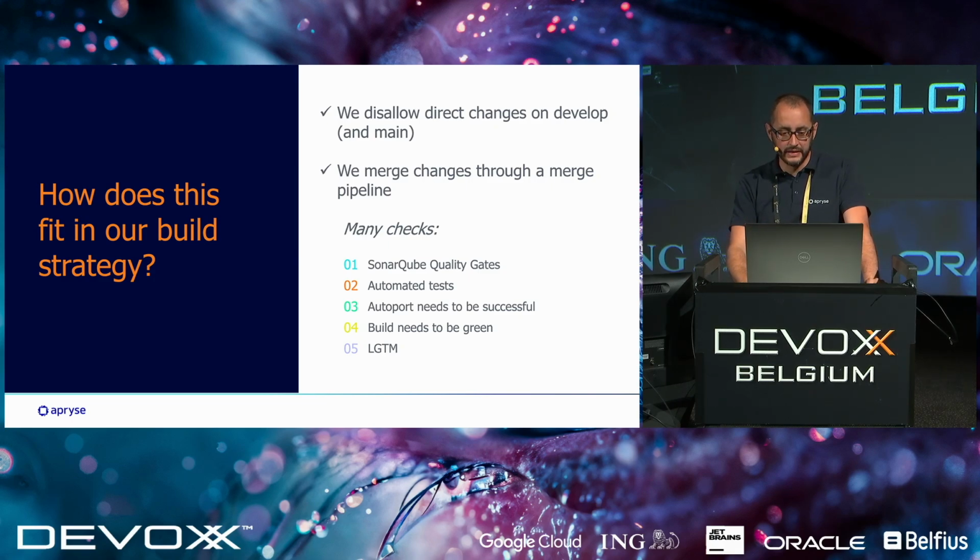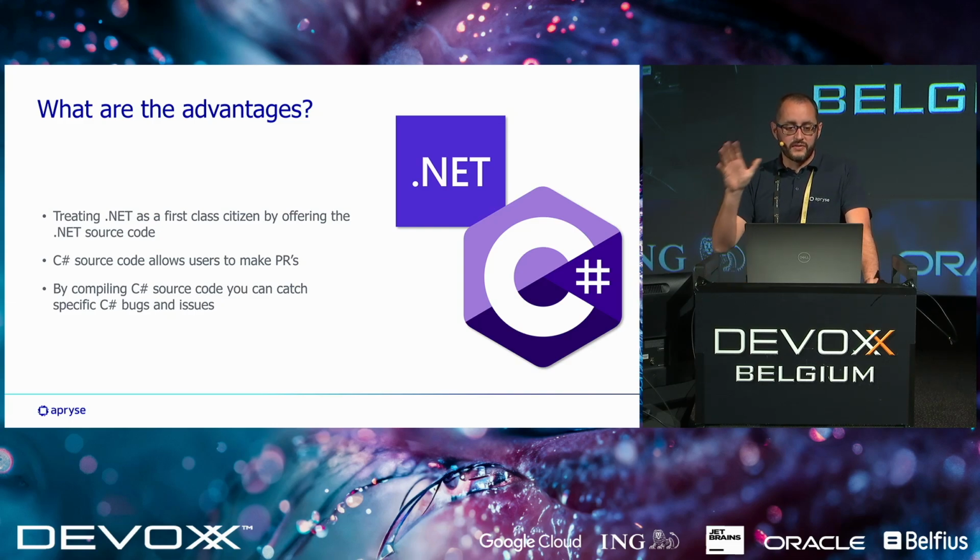They are correct. So what are the advantages of that strategy of having multiple platforms? So we treat .NET as a first-class citizen by offering .NET source code, which allows our users to also make pull requests. So iText is an open source project. You can check it out on GitHub, and you can make pull requests on C#.